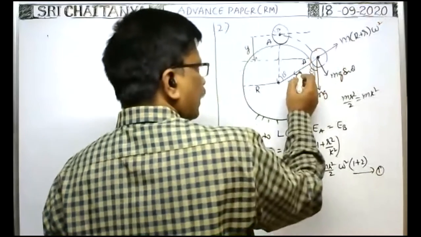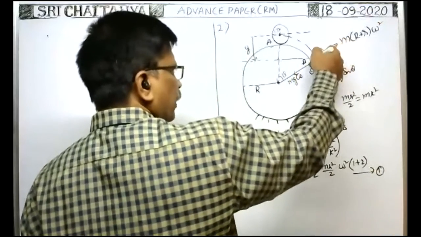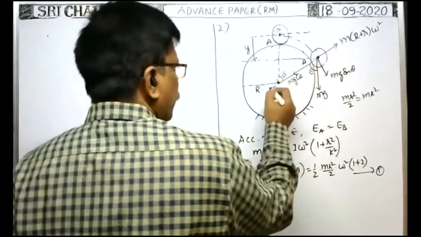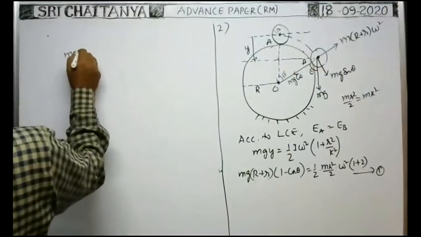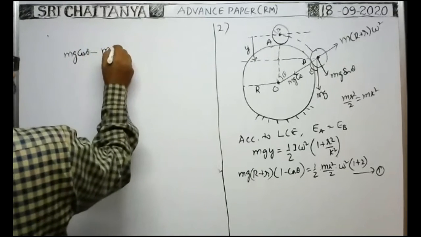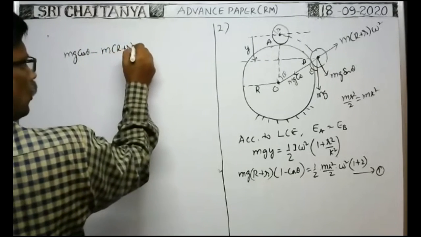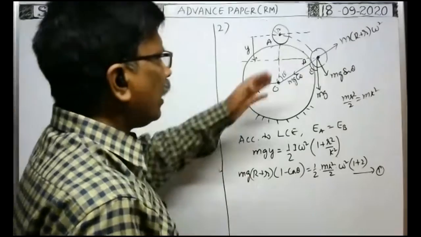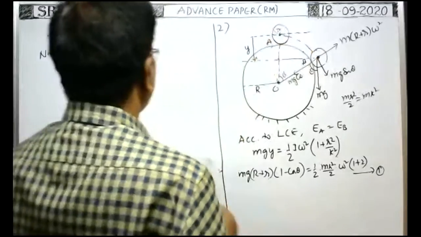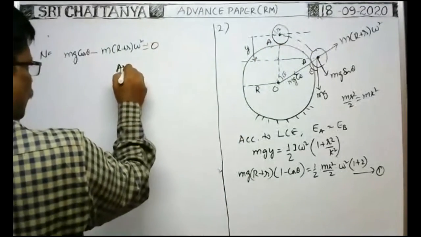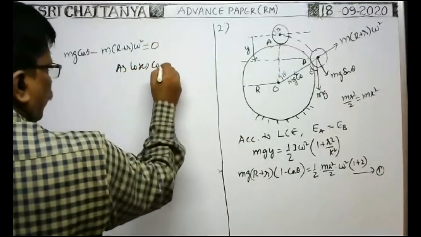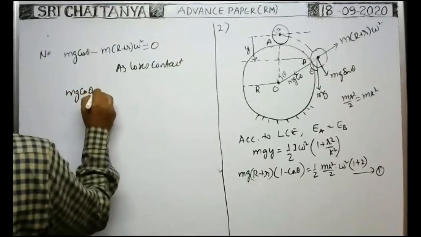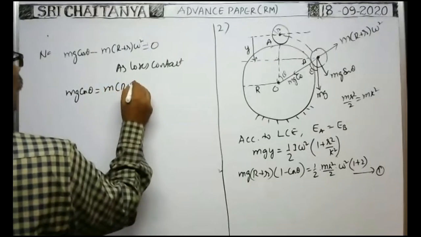Whenever mg cos theta is greater than this, the net force with which the cylinder pushes the spherical surface towards the center is mg cos theta minus m(R plus r) omega square. This is equal to the normal reaction. When it leaves contact with the surface, the normal reaction is 0. Therefore mg cos theta is equal to m(R plus r) omega square.